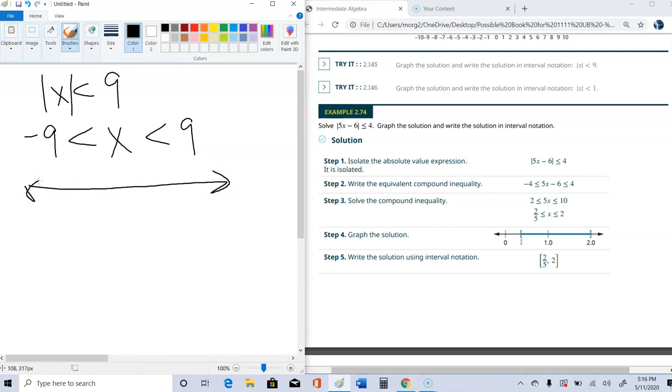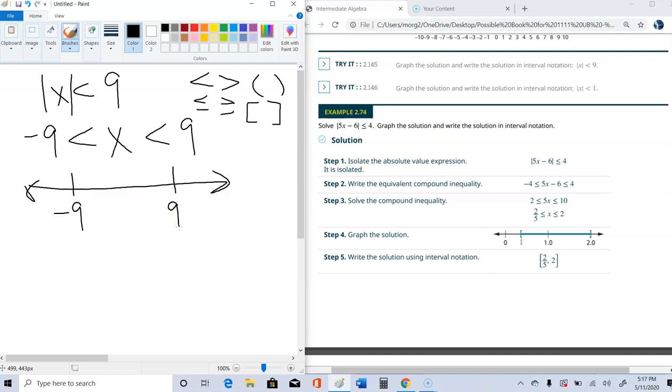If you have strictly less than or strictly greater than, then you'll use parentheses when graphing your solution. If you have less than or equal to or greater than or equal to, then you use brackets to include those endpoints. So let's put negative 9 and positive 9 on our number line.